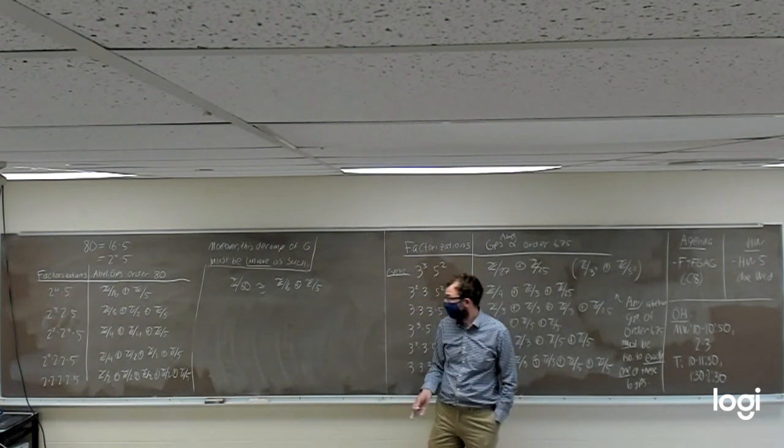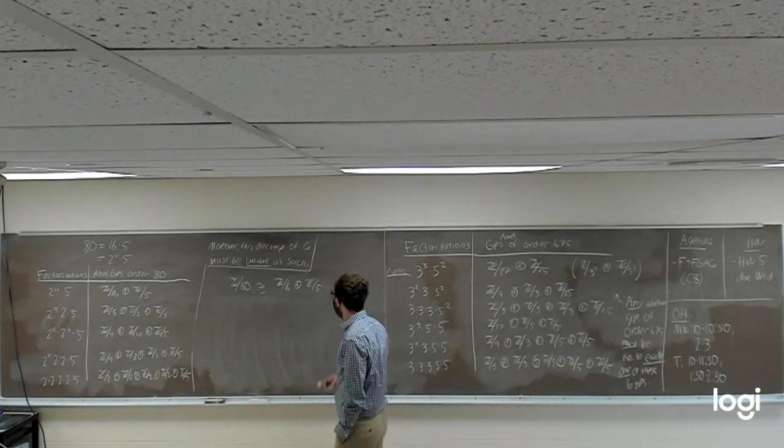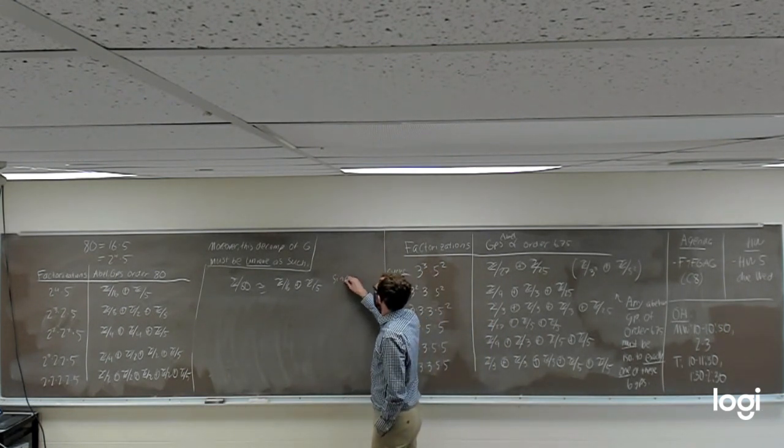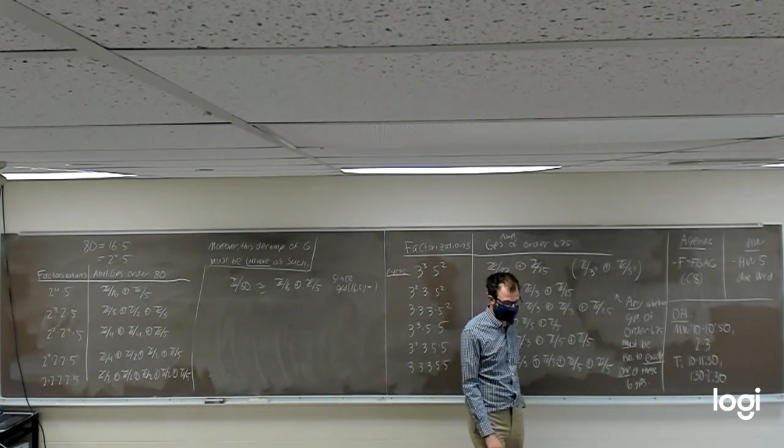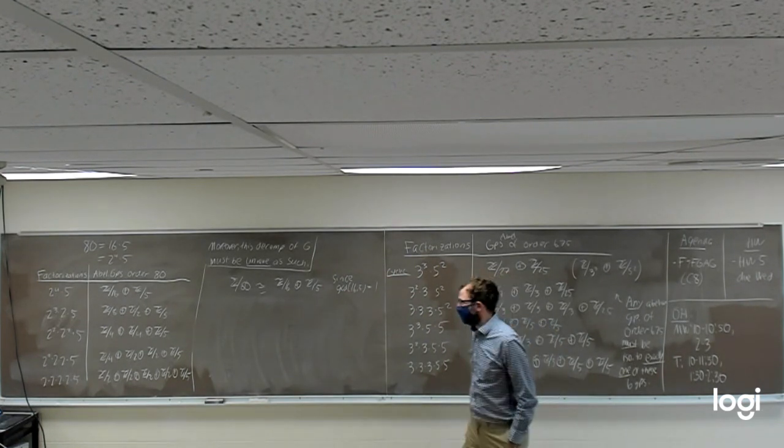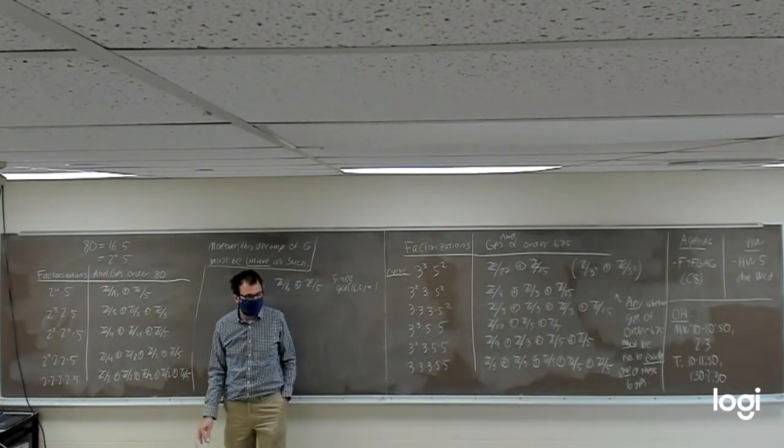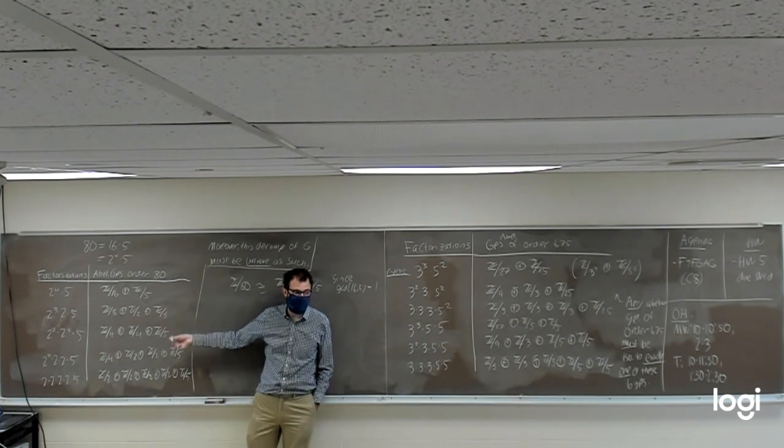16 and 5 are relatively prime. I would say here that comes since the GCD of 16 and 5 is equal to 1. Whereas with these other four groups, you can find individual groups in the decomposition who have GCDs not equal to 1.